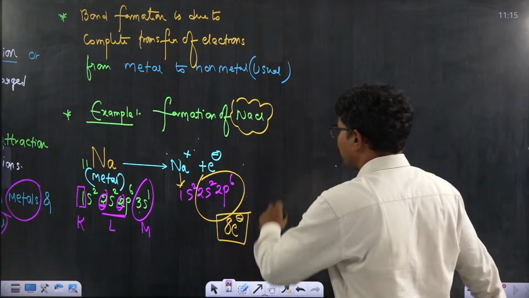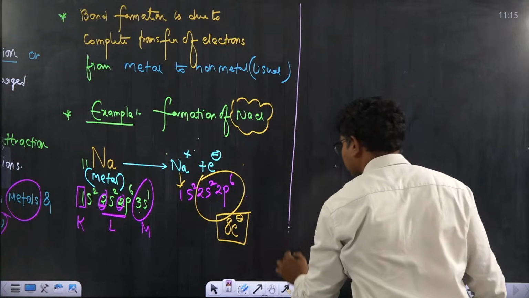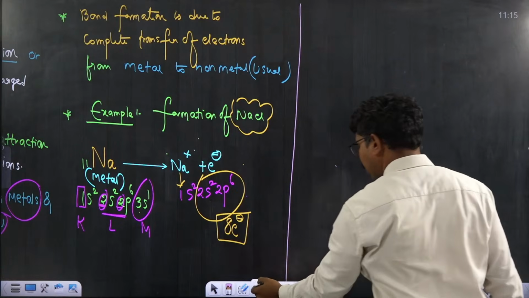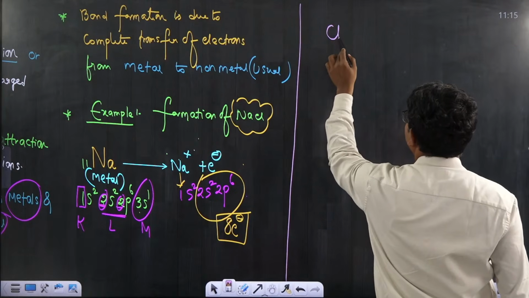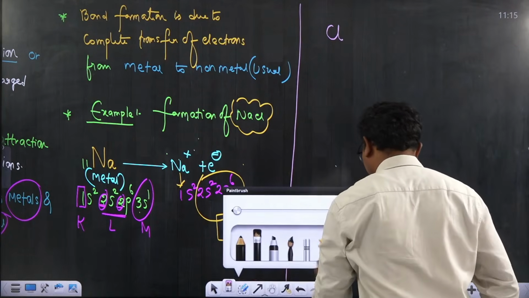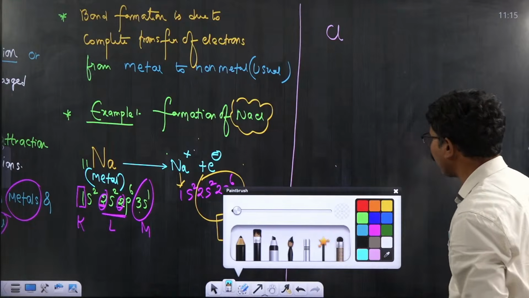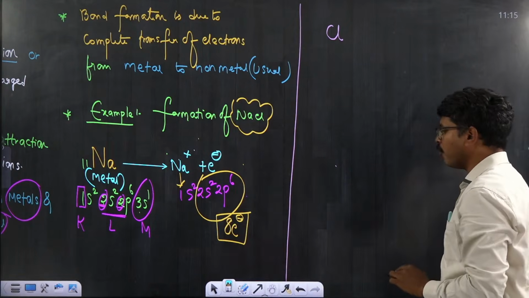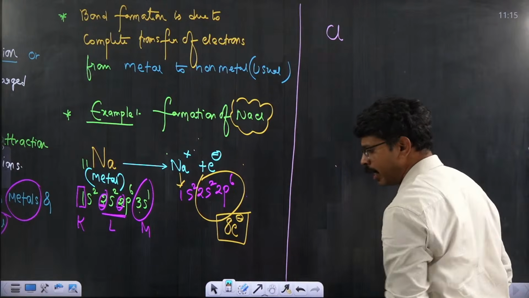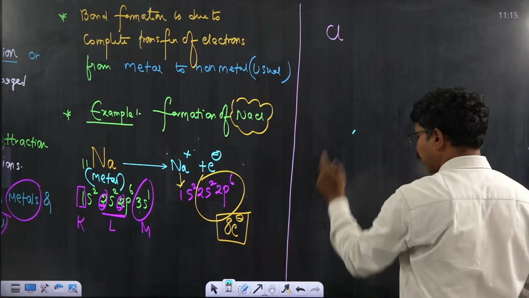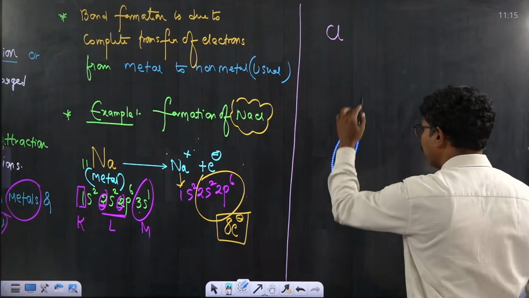Now, when it comes to chlorine, usually chlorine does not exist in atomic form. It is found in the form of a Cl2 molecule. The entire process I will explain after a brief explanation about the formation of NaCl.